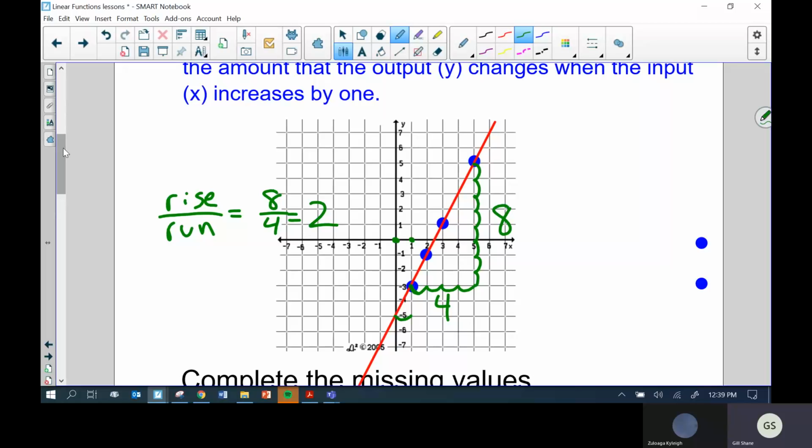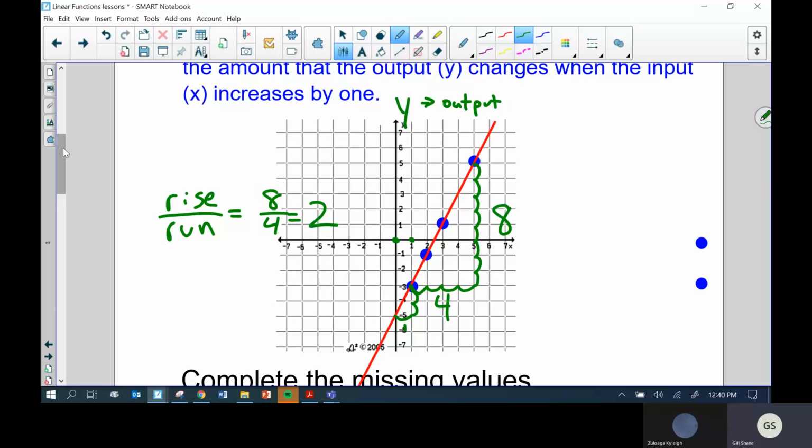My run was 1, because I just said every time I increase by 1. What do I increase my output by, my rise? I increase it by 2. So that's where that 2 comes from. Every time I change my input by 1, how much did my output change?